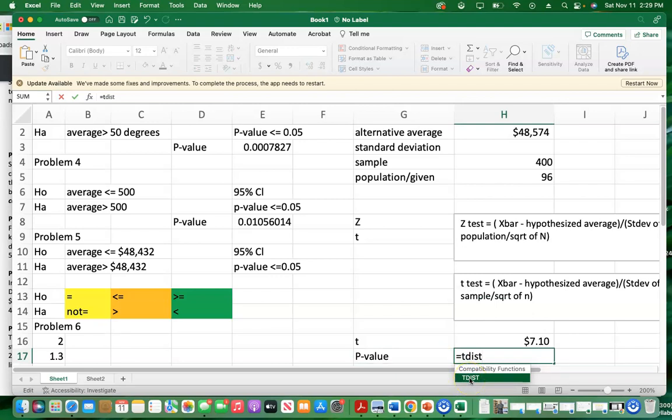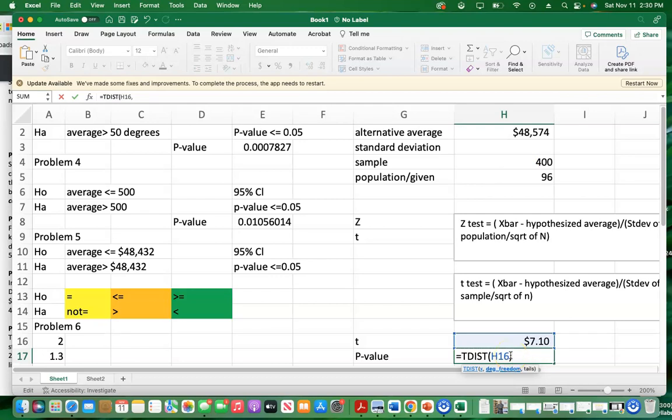So select the T.DIST, and all you're going to do is put the x value, which is the t-value, so I'm going to click on this t-value, and then you have to consider degrees of freedom, and degrees of freedom will be the sample size minus 1. So here we have 400 as our sample size, and so we'll take 400 minus 1.